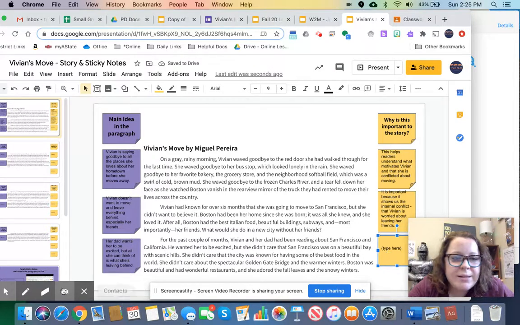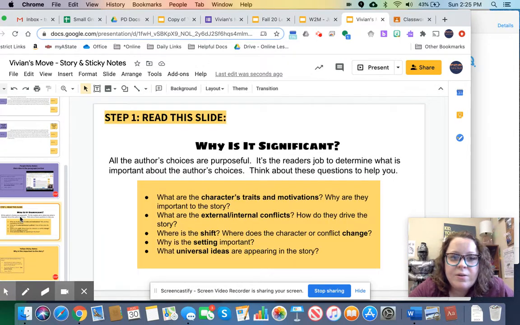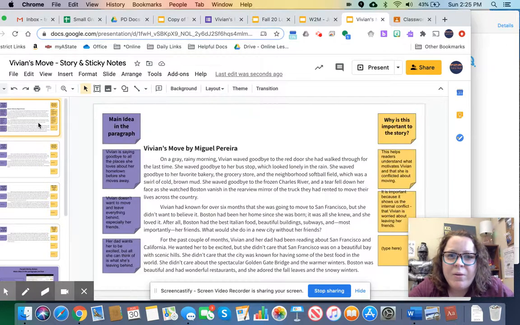Okay, for the past couple months, her dad wants her to be excited, but all she can think of is what she's leaving behind. Let's go over here. I don't think we're ready for a shift yet. Maybe universal ideas, but that feels like kind of a jump right now. So let's go back and stick to this character and conflict stuff. What might we be learning in this paragraph about the character, Vivian, or about the conflict?